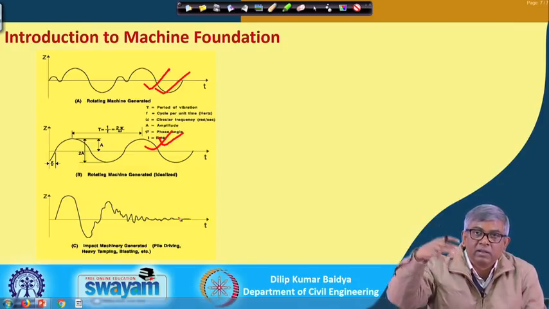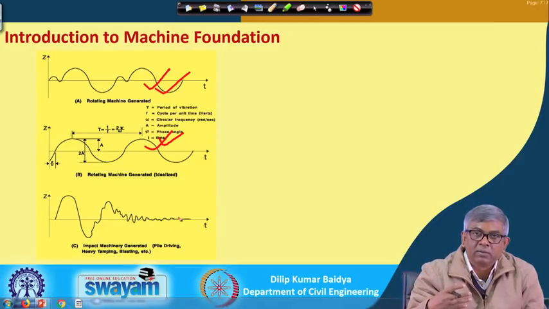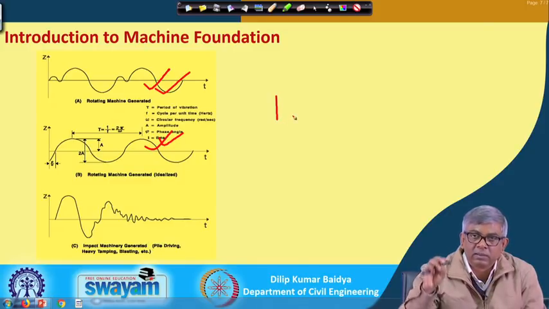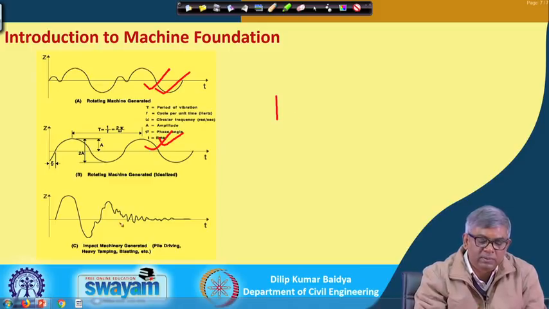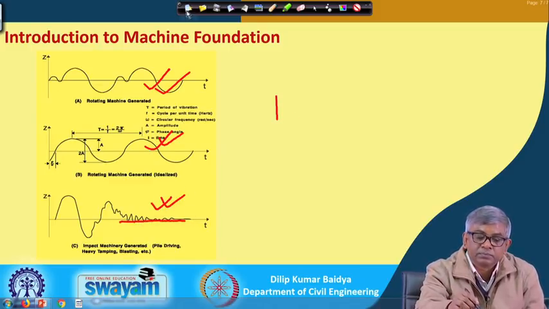On an anvil, a huge mass will fall to shape the particular material, and when it impacts, it gives a particular magnitude of dynamic force, and with time it becomes 0. That is another type of dynamic force.